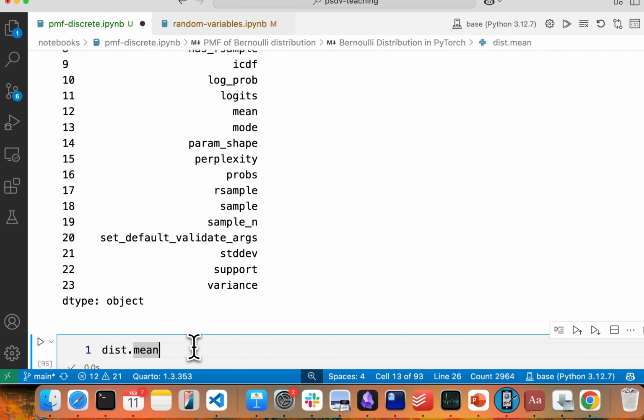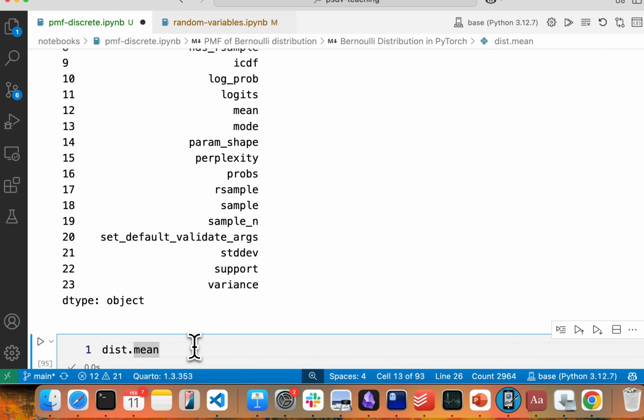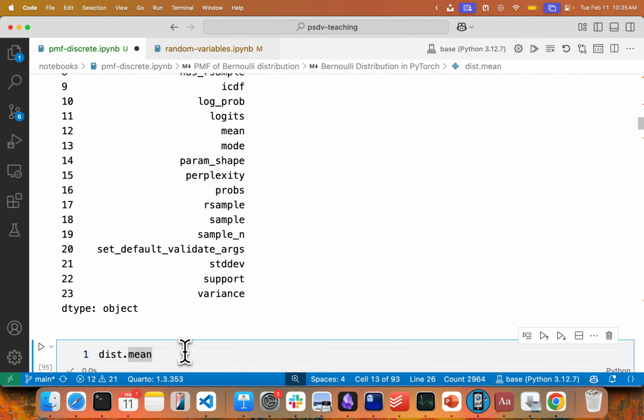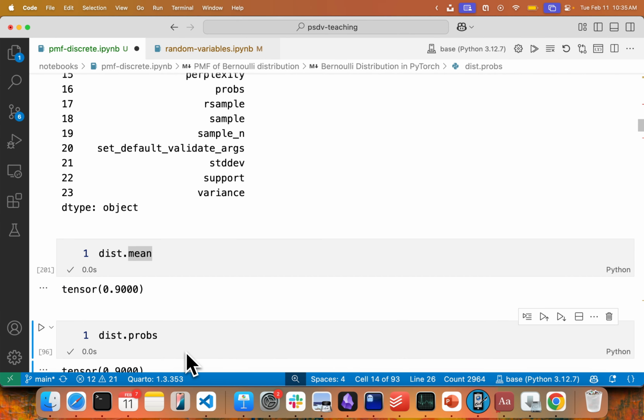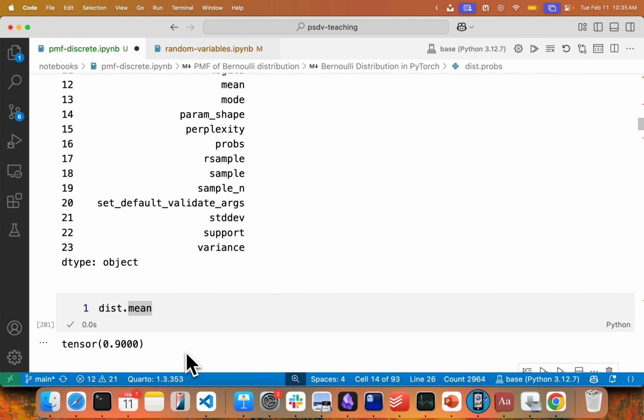My distribution had a probability of heads of 0.9. If I call dist.mean, the mean of my random variable is 0.9. This is to show you what attributes we can study. In a future class, probably the next class, we will study what an expectation is.